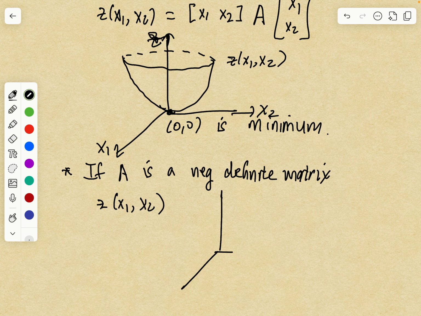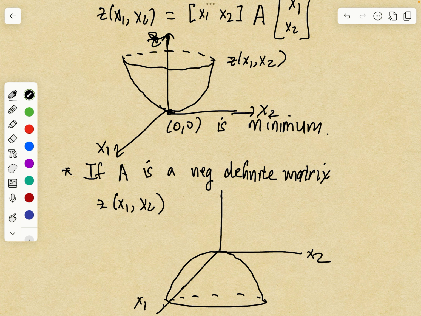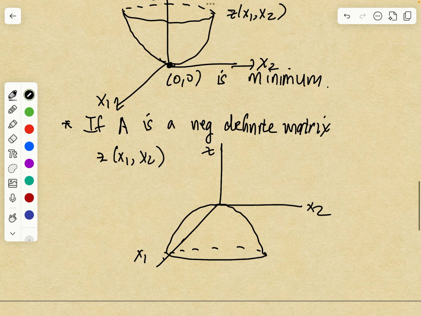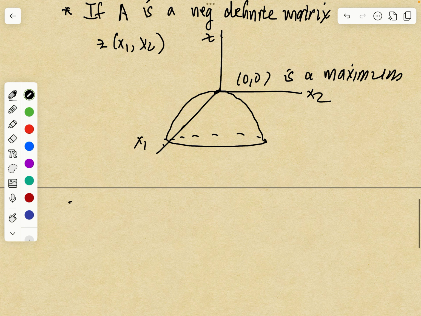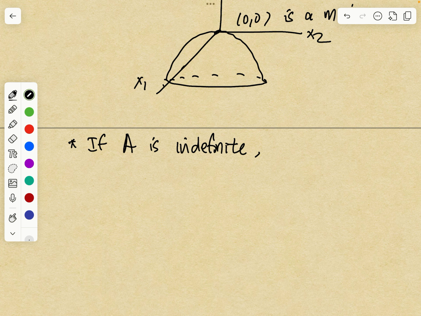When A is a negative definite matrix, the graph is going to be like this. So here's the x1, x2, and z axes. The point 0, 0 is a maximum. This is a review of what we've talked about before. And if A is indefinite, it has a positive and negative eigenvalue, then your graph is going to look like a saddle.